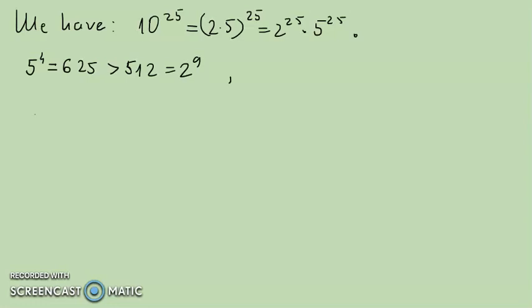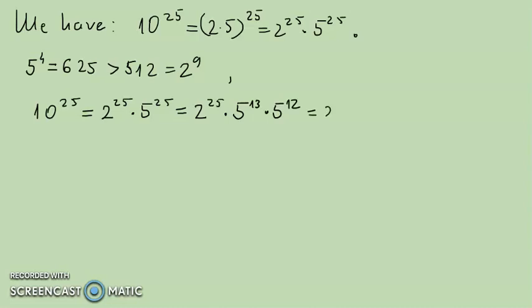We get 10^25 is 2^25 times 5^25, which is equal to 2^25 times 5^13 times 5^12, or 2^25 times 5^13 times (5^4)^3.